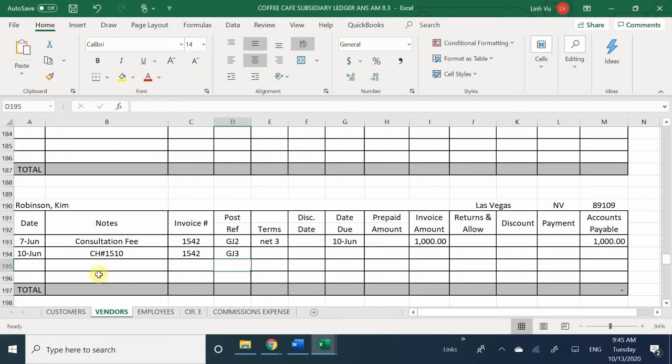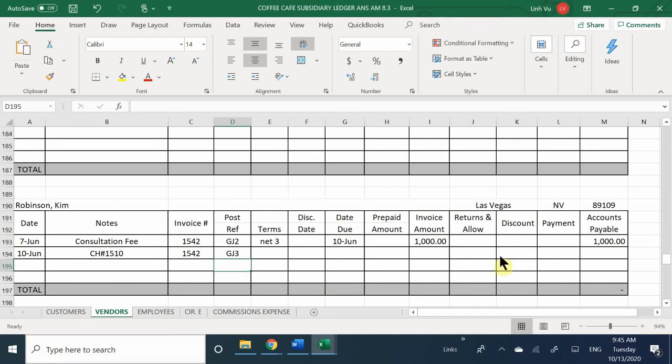Now, what I'm going to do is under here, obviously there's no terms because I'm making a payment. So there's no discount date, and the due date I've already reached. So therefore these 3 things you can skip. Obviously there's no prepayment, and the invoice you already have from above because you owe the $1,000.